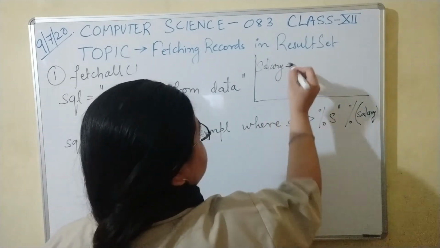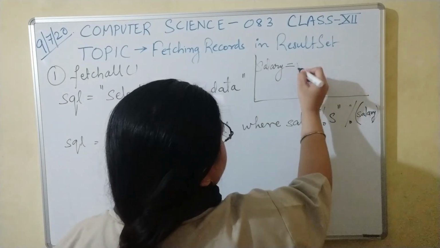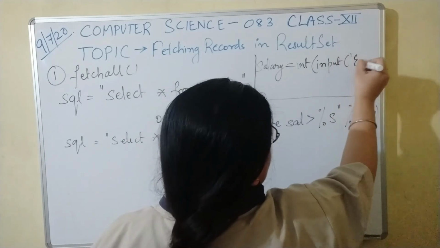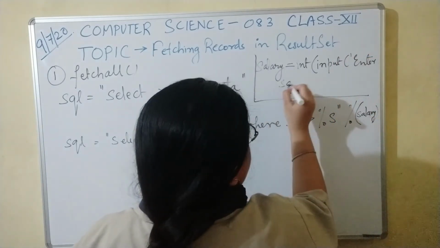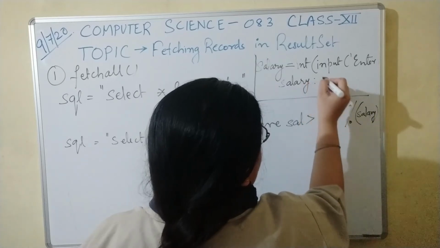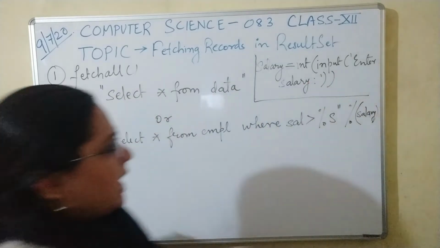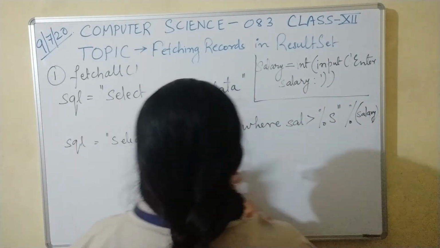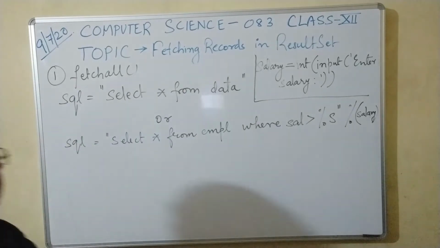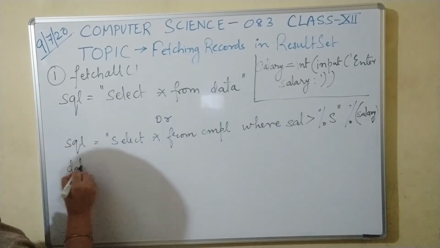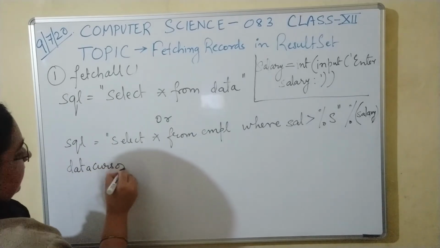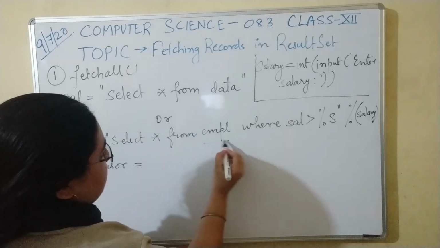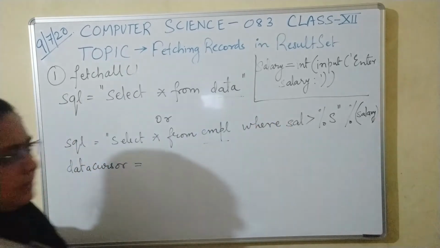Salary equals input, enter salary. So this I can already write here, and that salary will be used to send as an argument along with the SQL. After we do this, here is our cursor, named data cursor. You have to make sure that these two tables are there in the same database.